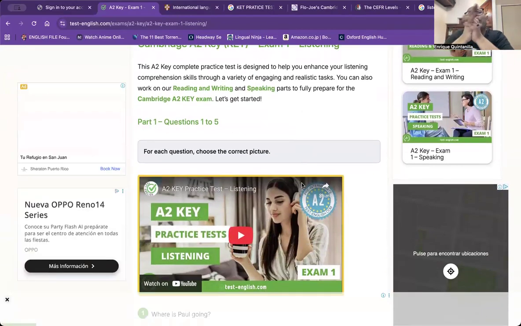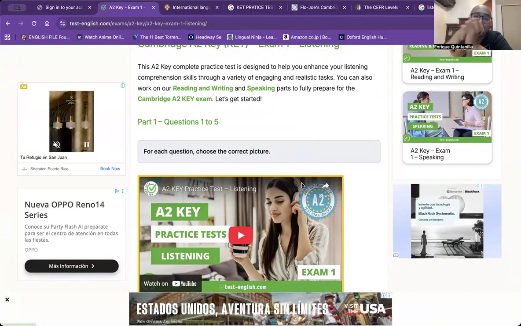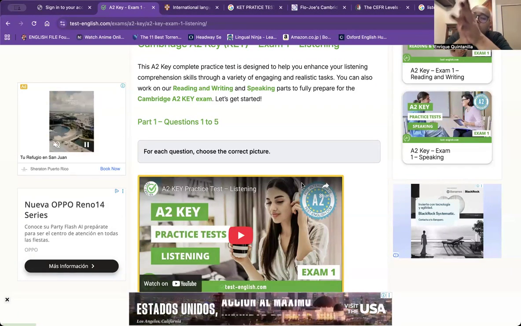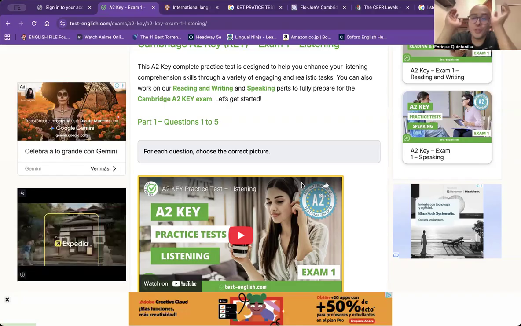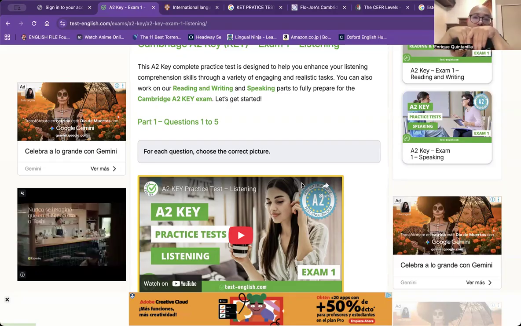You have to be focused on the exam, on the listening, and not get distracted, because if you get distracted, you will lose track of what you are listening to, or you'll be confused, or your mind will be thinking of other things to do at home or at university.